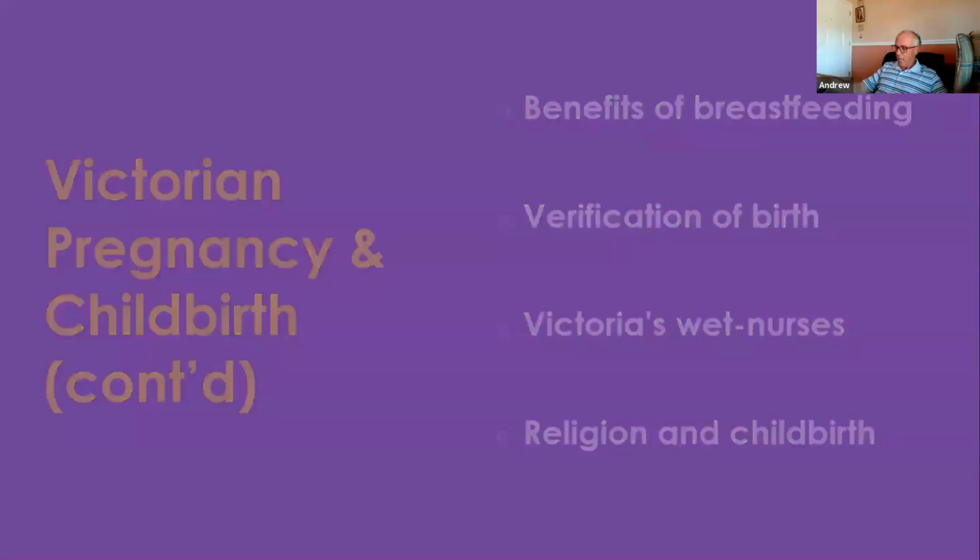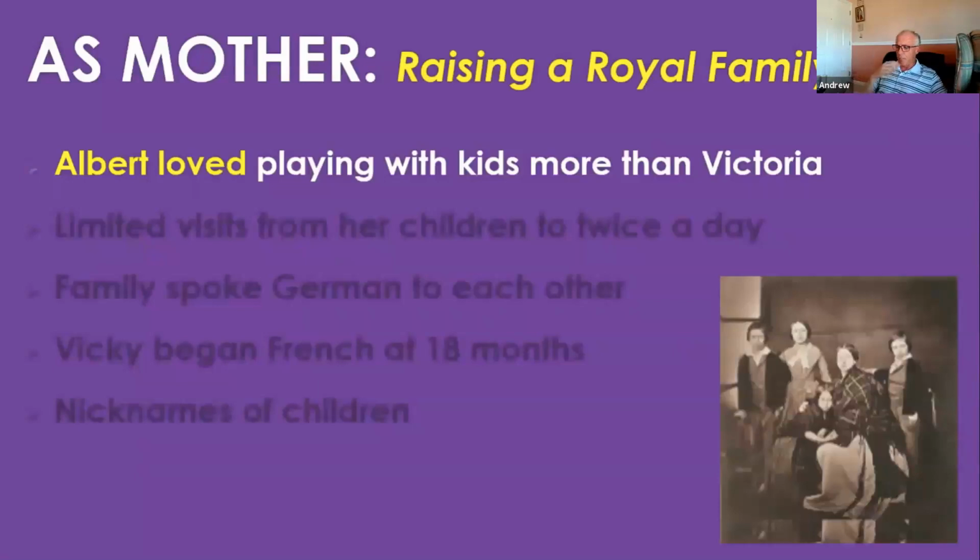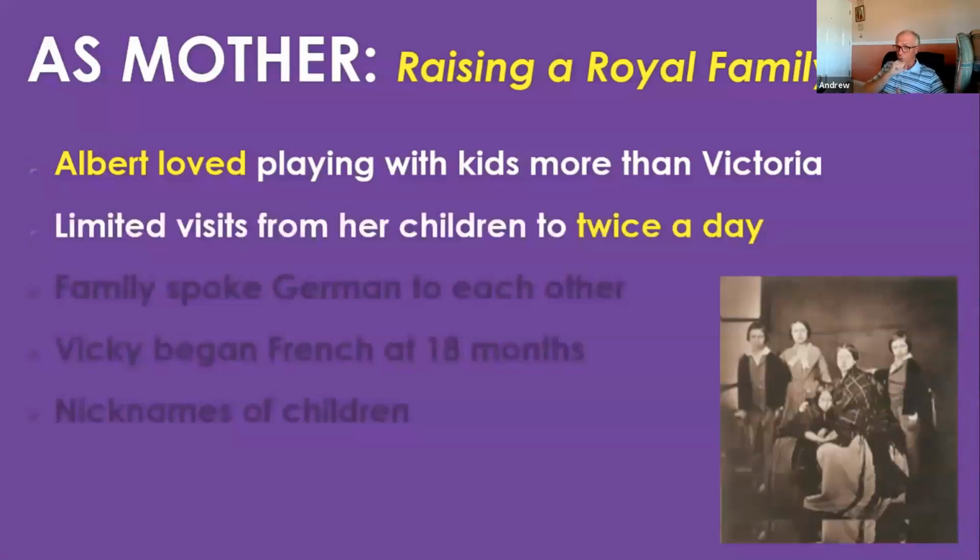Okay, so moving on. Let's talk about her as a mother, which reaches back to a question that we had a couple of minutes ago. So Albert's the one who likes to play with the children more, not Victoria. Victoria's got to limit seeing her children to essentially twice a day. She'll see them oftentimes around noontime, and they're paraded in more like performing pets.